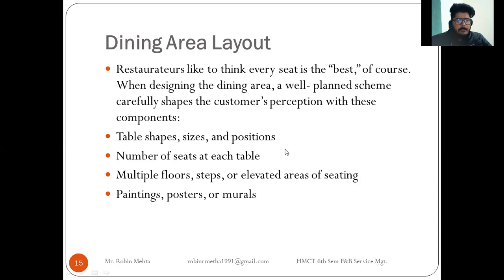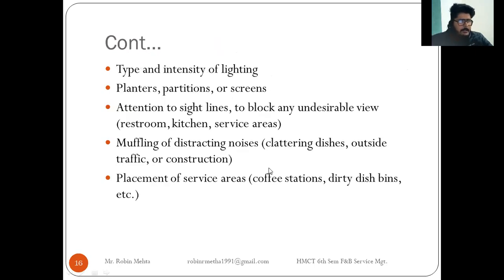Painting, posters and murals: whatever paintings, posters and sculptures we are using in our restaurant should be up to the mark and collaborate with the restaurant decor. It shouldn't look awkward. Type and intensity of light: what type of light are we using?